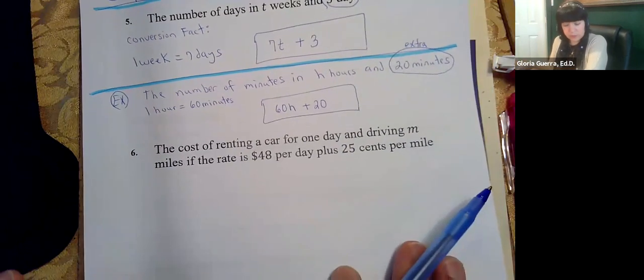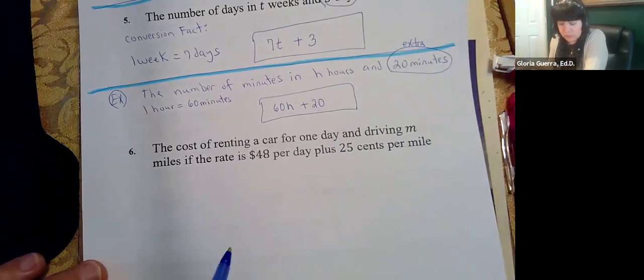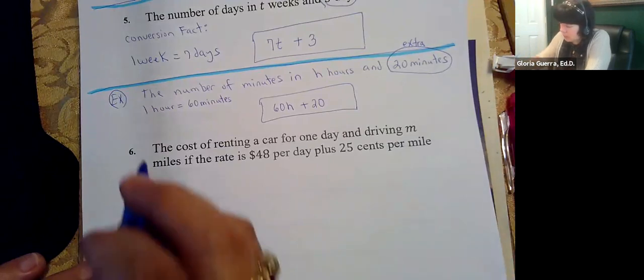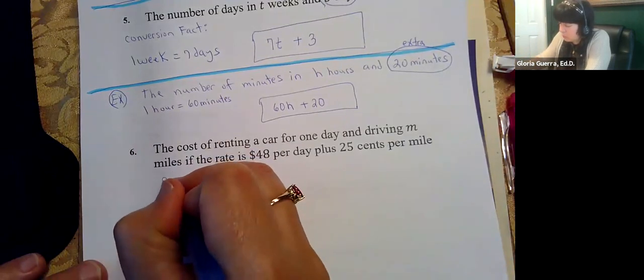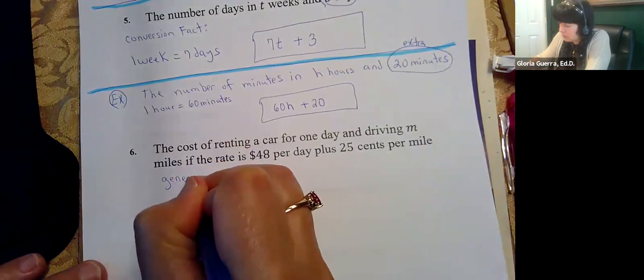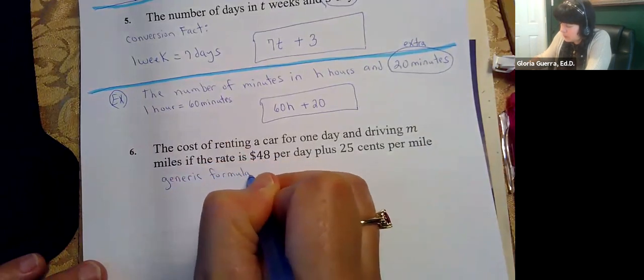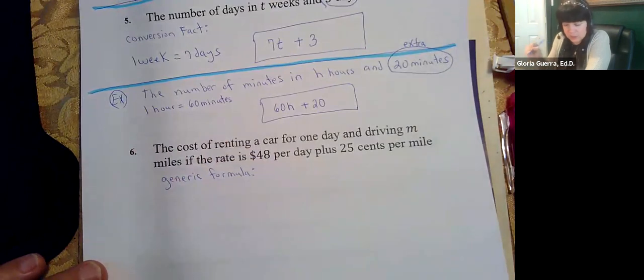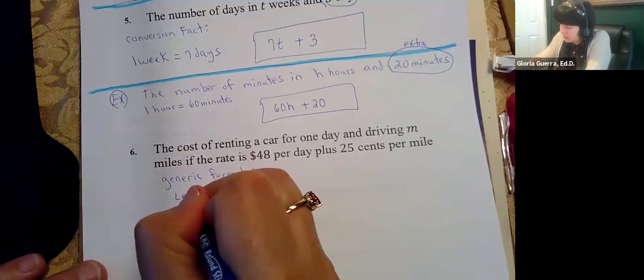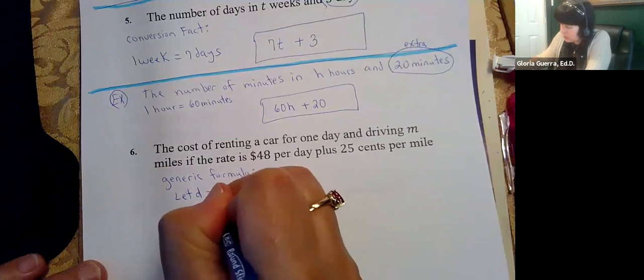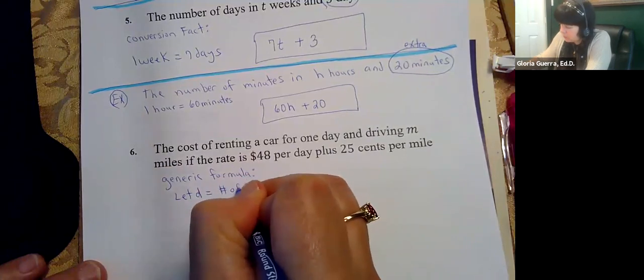That's a lot of information. So if I start by building a little generic formula with a little bit of labeling, let's think about D equaling the number of days.